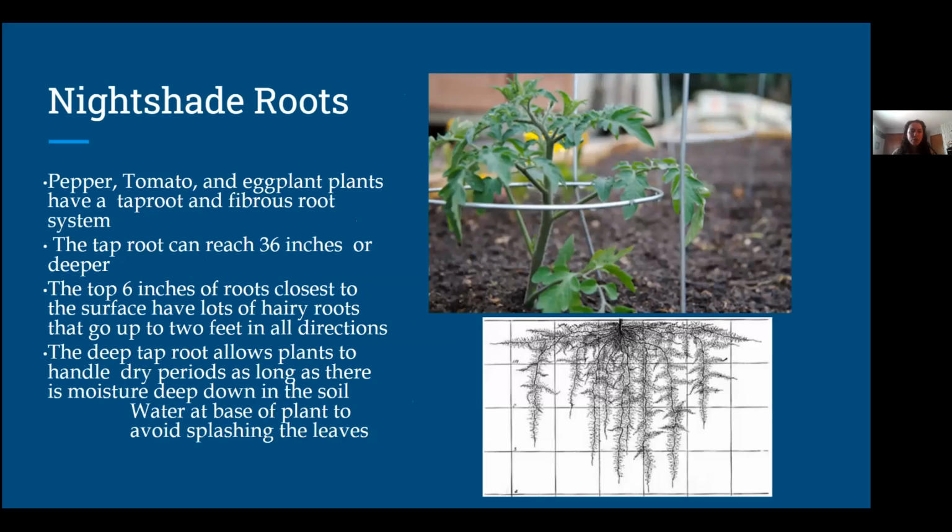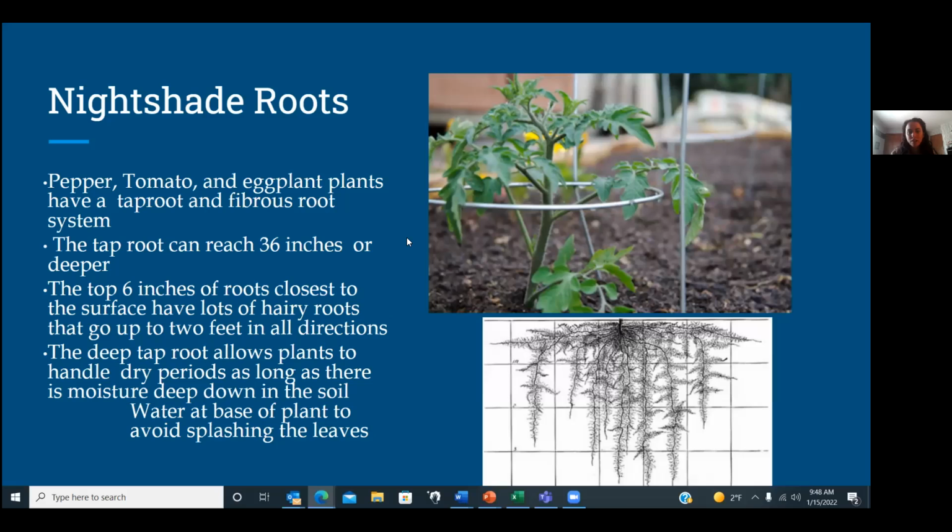The nightshade roots, similar to the cucurbits, so no potatoes again this season. We're not doing potatoes. I'm assuming that's because of the potato beetles, or is there another reason? This is Matt. It's because of the potato beetles. Okay, cool, that makes sense.